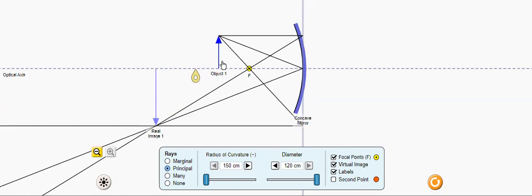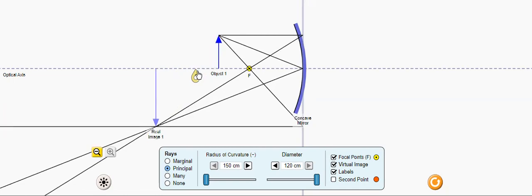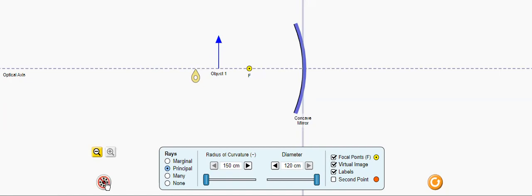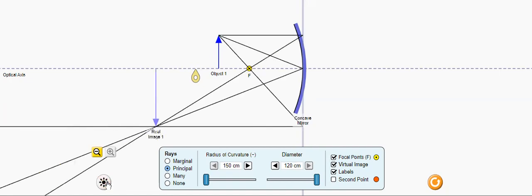As you can see, the object is between C and F, and the image is formed beyond C. Is it right? Beyond C, you can see how the light rays are passing and then the image is formed here. So properties of image are, it is below the principal axis. It means inverted.